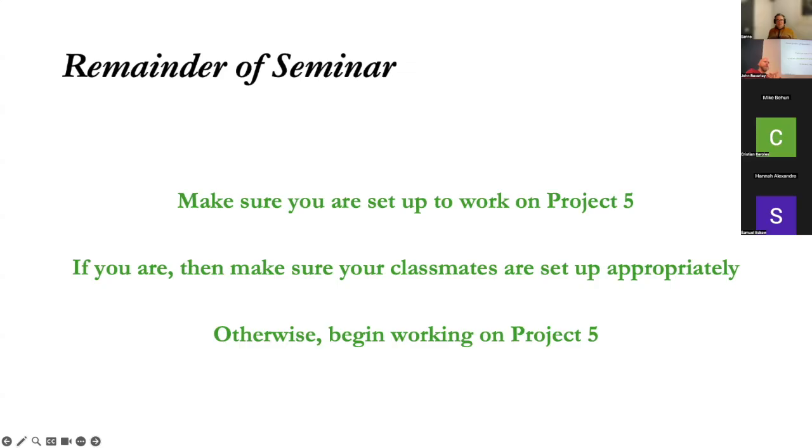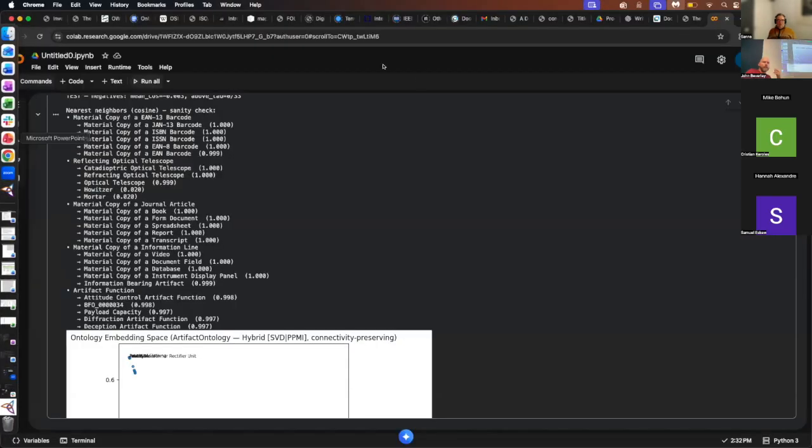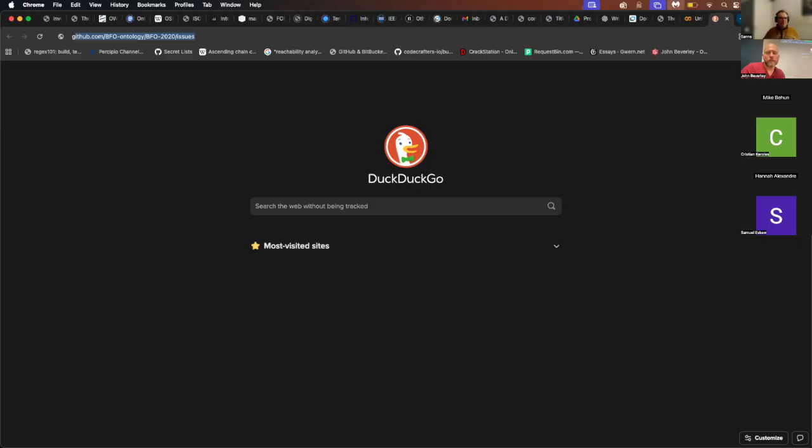And you should have the artifact ontology in the repo too, but there's also a link. You can find it on the GitHub for Common Core Ontologies. And I will pull that up here.